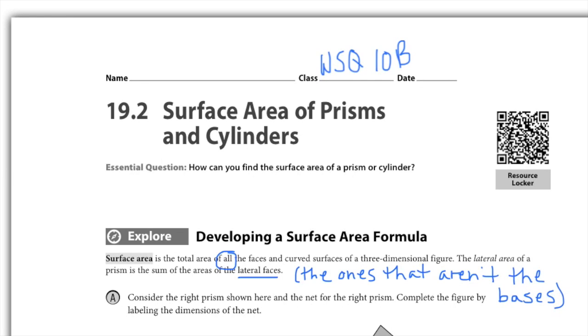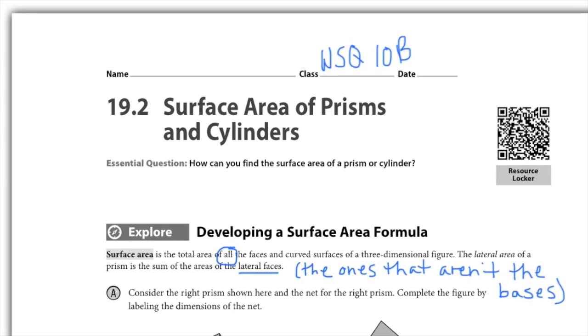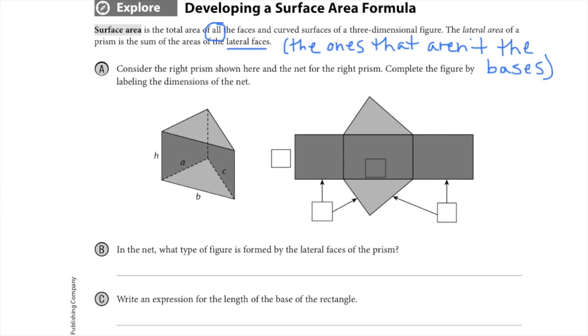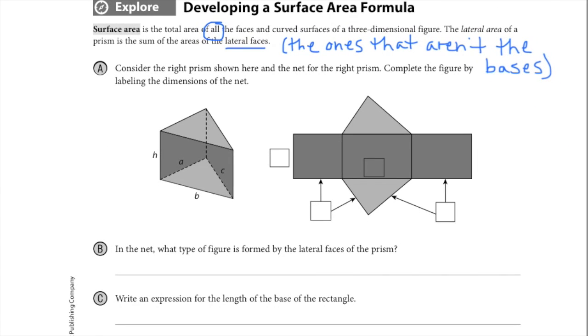So let's start by trying to figure out if we can develop a formula for this surface area here. In this particular picture, we have a right prism that is a triangular prism. So the face that I just outlined corresponds to that middle rectangular face on the net that's right next to it. And so we're going to fill in the dimensions of base times the height for that middle rectangle.